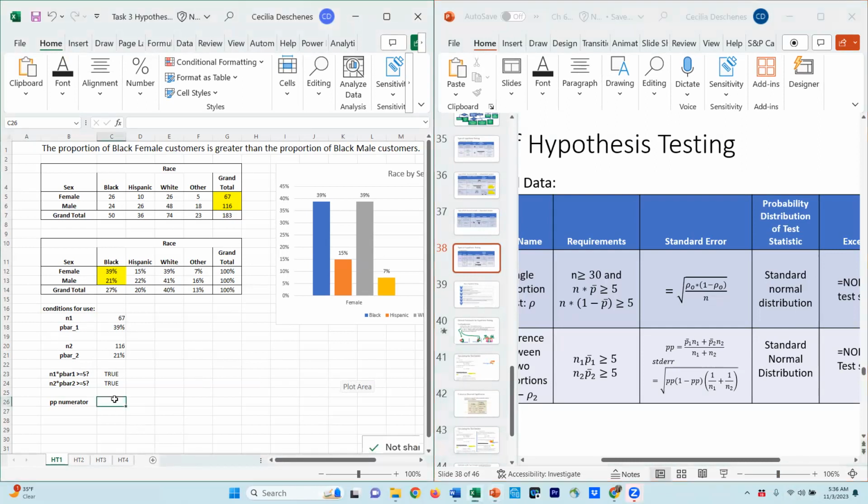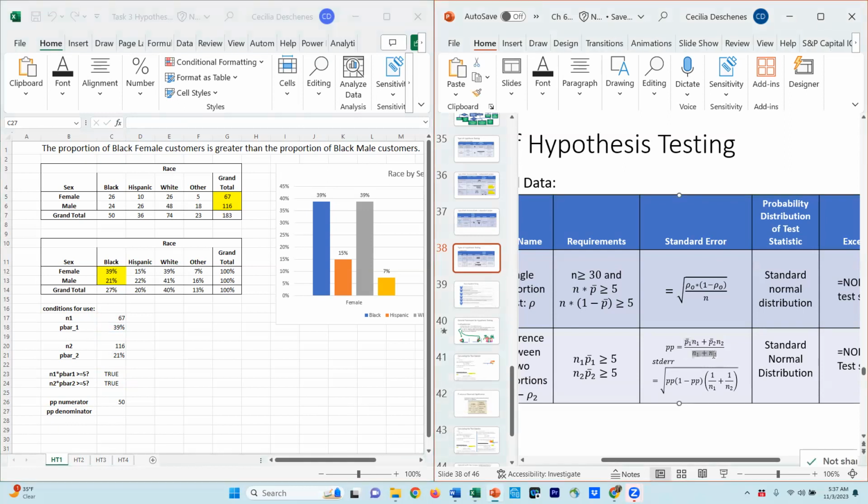So here I'm going to just program that numerator in. So equals P1 bar times N1 plus P bar 2 times N2. Okay, and then the denominator is just the summation of the two. So right now I'm looking at this part, the denominator, just the denominator, N1 plus N2. So let's go in here and set that up, equals N1 plus N2.